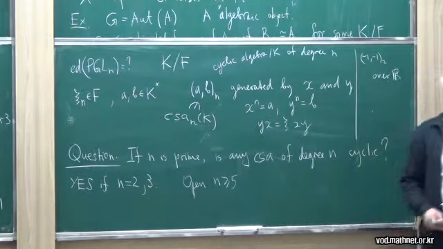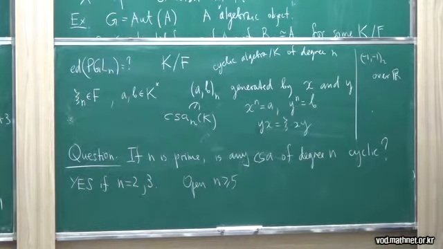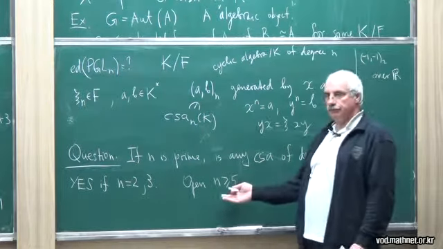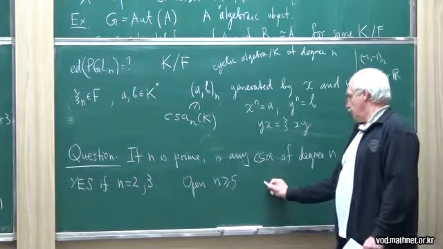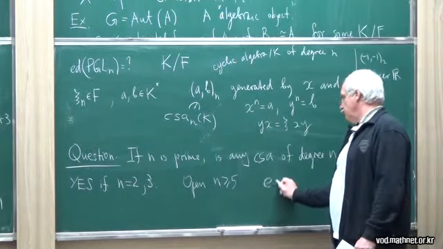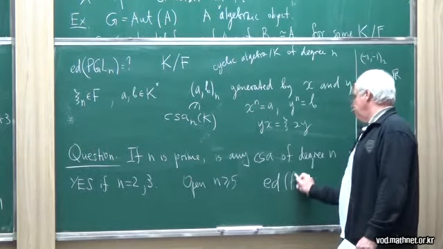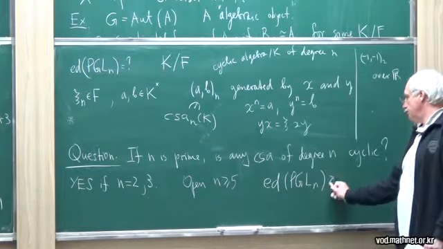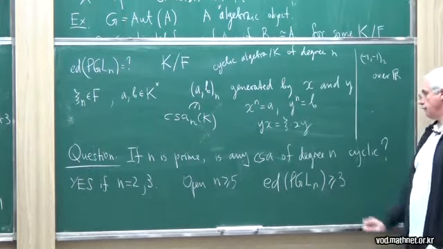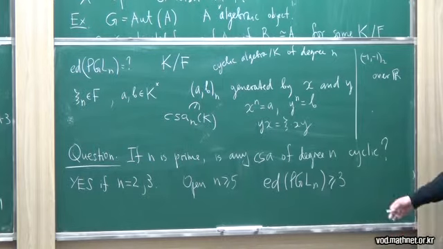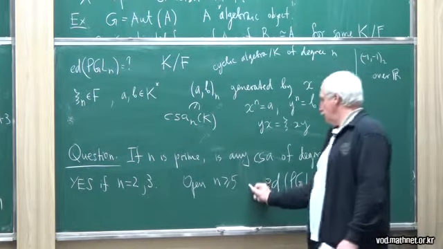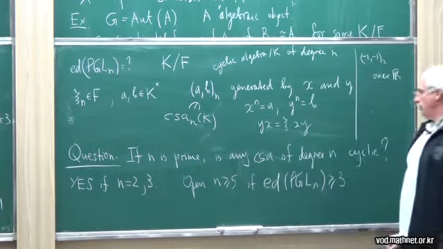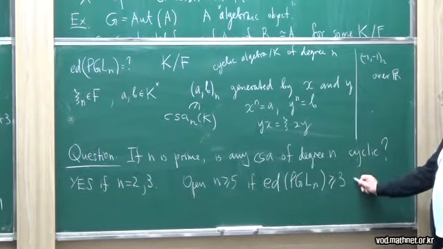Okay, and I wouldn't be very surprised if someone showed a counterexample to this problem by establishing the inequality that the essential dimension of PGLn for such n is at least 3. If this happens, then the answer is no.